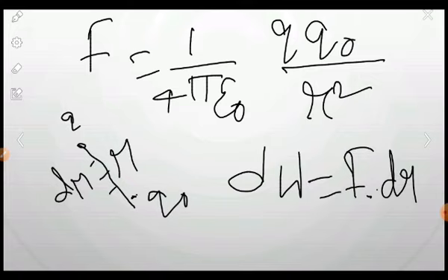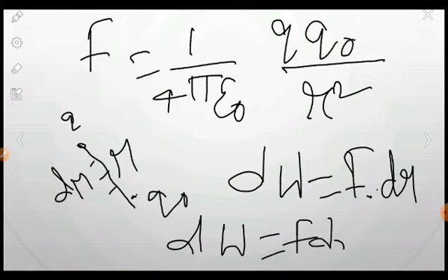So both are vectors. So dW equals F dr cos theta, where theta is the angle between the force and the displacement.